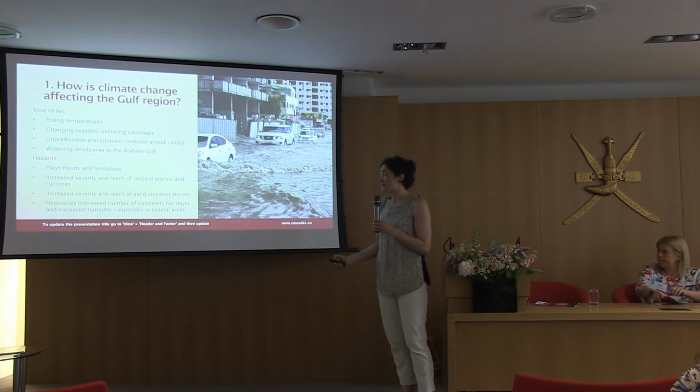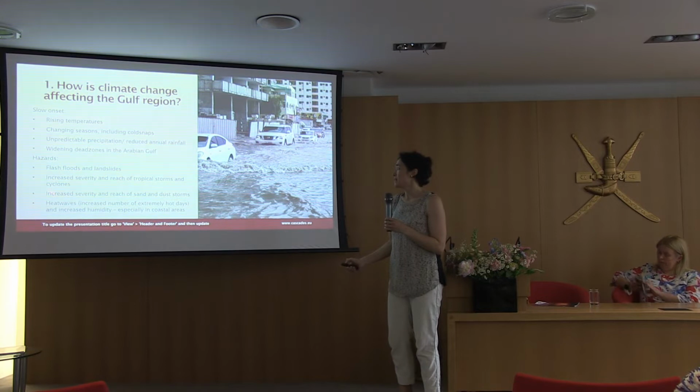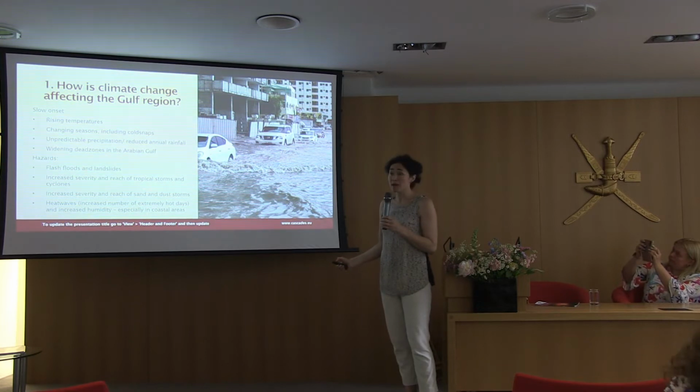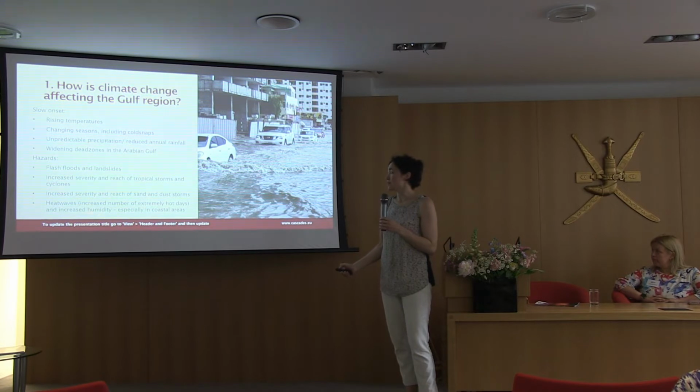And we can think about hazards such as flash floods and landslides, the increased severity of tropical storms and cyclones, sand and dust storms, which we saw in May. They seem to be increasing in severity, and heat waves as well, especially in terms of the number of extremely hot days and the rise in the minimum temperatures and humidity, especially in the coastal areas.